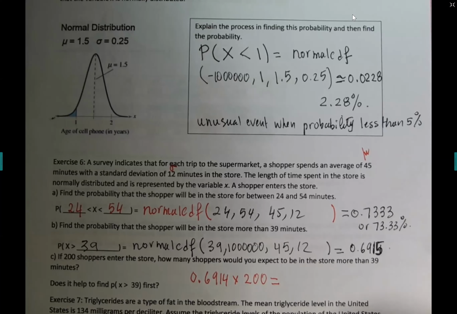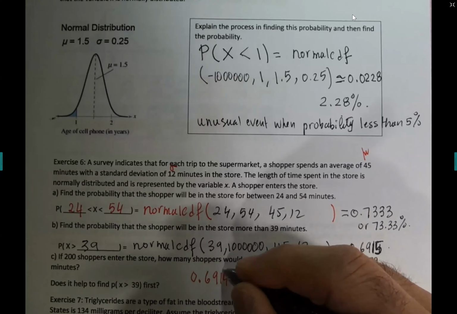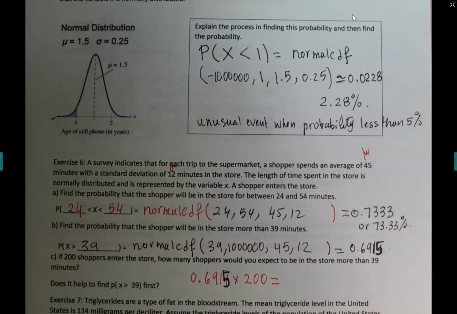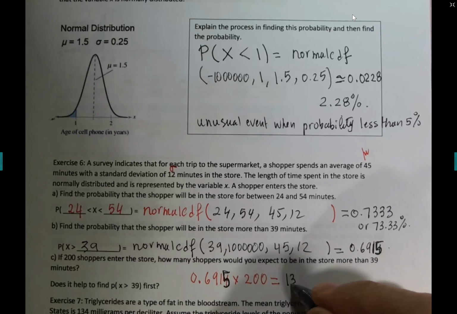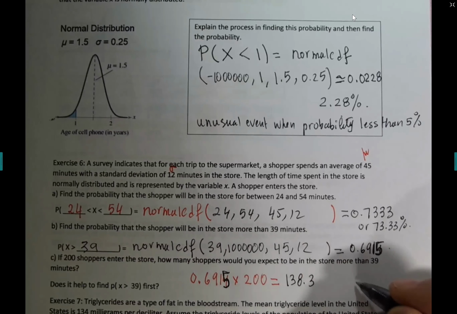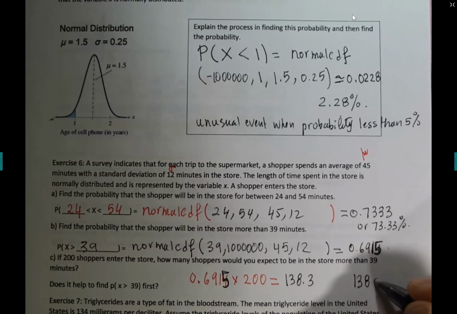Good observation. It's not going to impact the answer, but yes, definitely have to put the correct answer there. So 0.6915 times 200. 138.3. If this was a multiple choice, guys, you're not going to put 0.3, just put 138 shoppers.